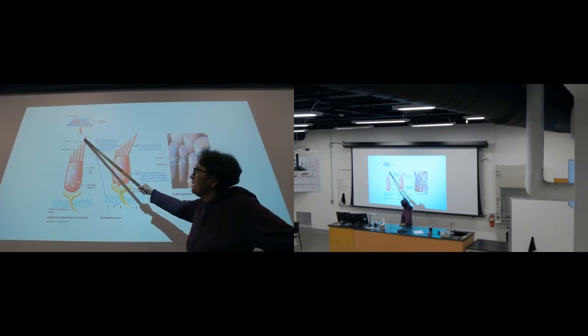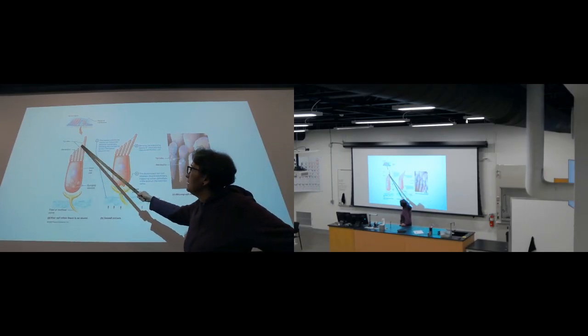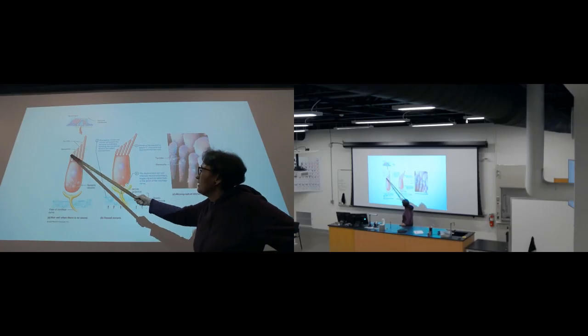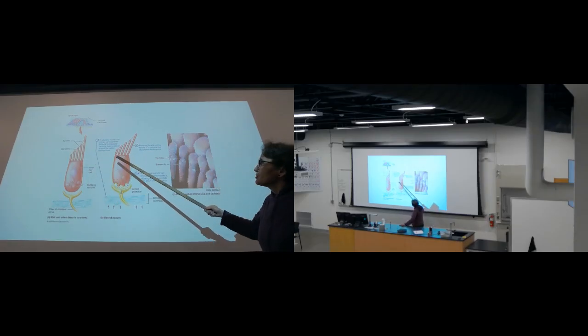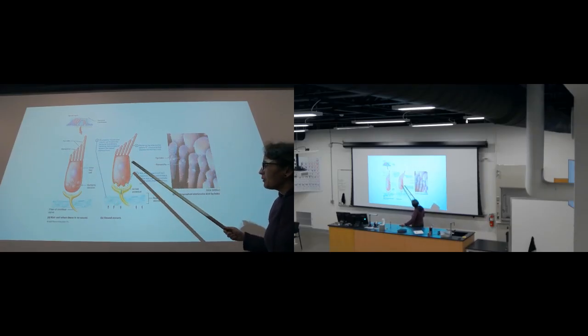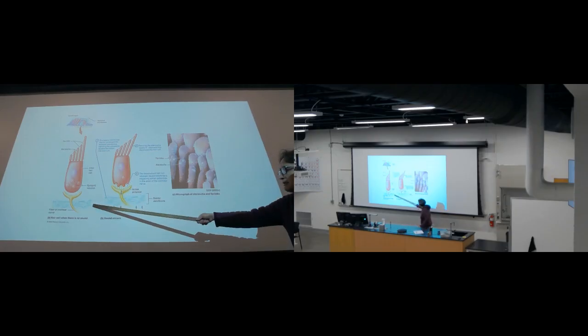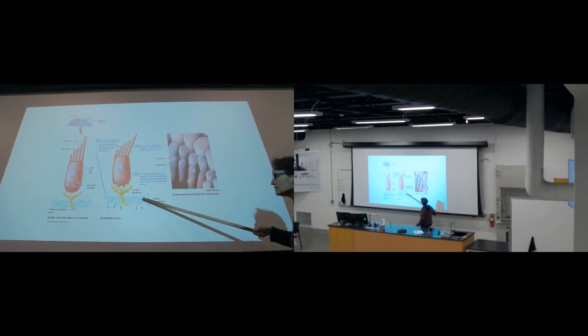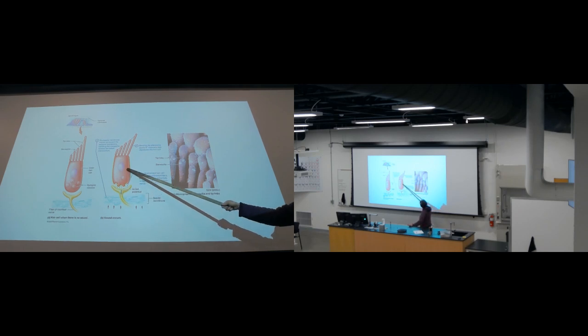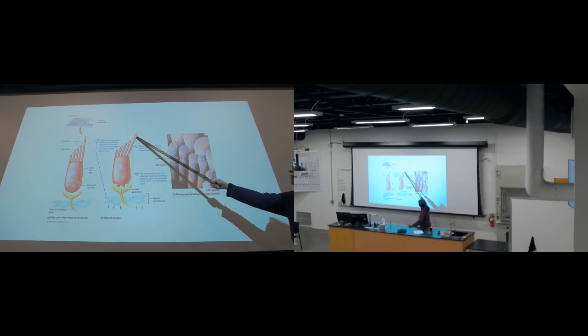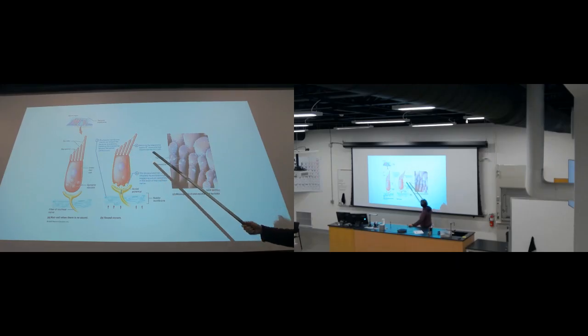Now, these stereocilia are linked with these fibers. When you have sound waves, this is the basilar membrane, and you have bending of these stereocilia.